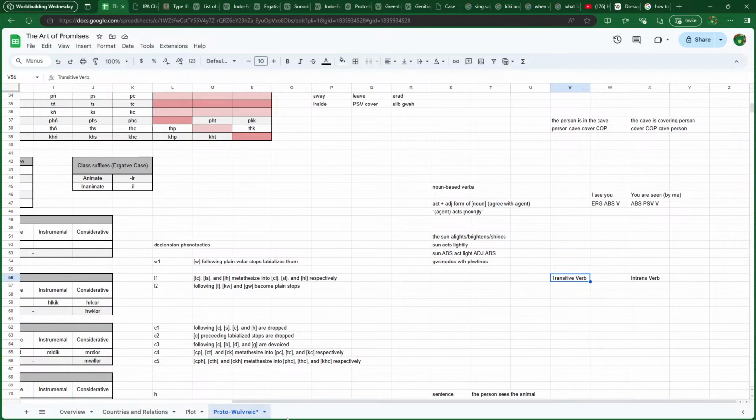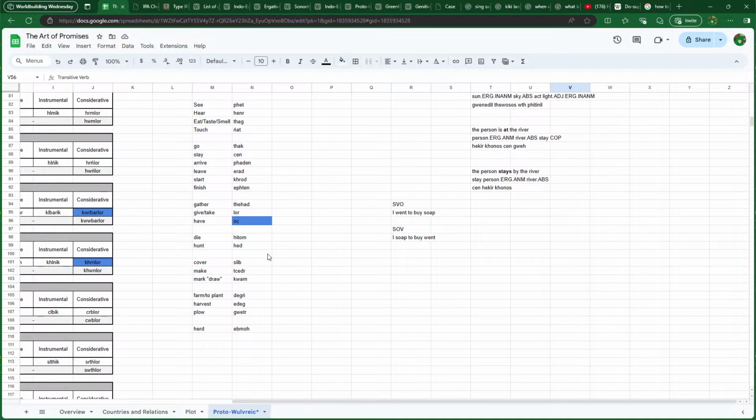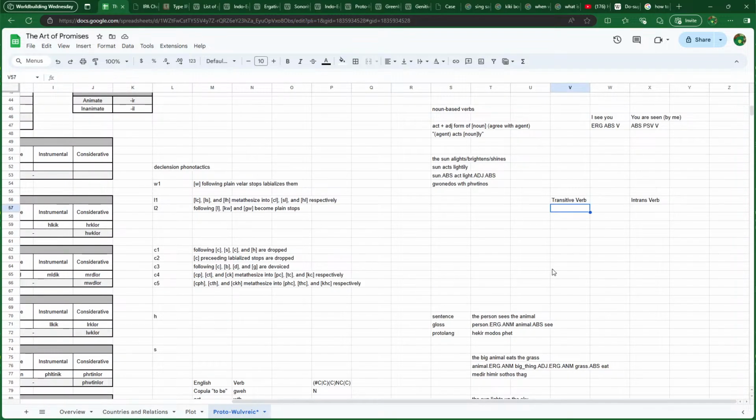Or I harvest wheat. Just saying I harvest, okay, sure, but that's not really grammatical. An intransitive verb is something like yawn or stay. I stay, I yawn. That doesn't really have an object. So in order to turn a transitive verb into an intransitive verb, you do what's called a passive construction.